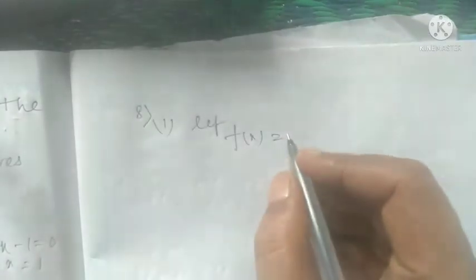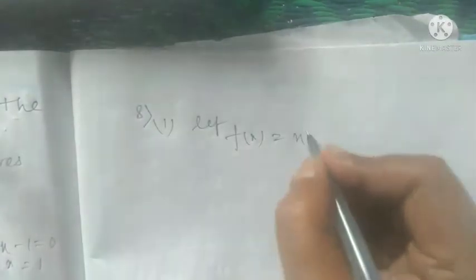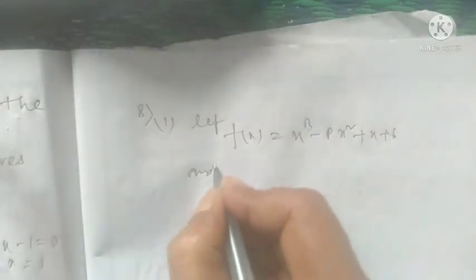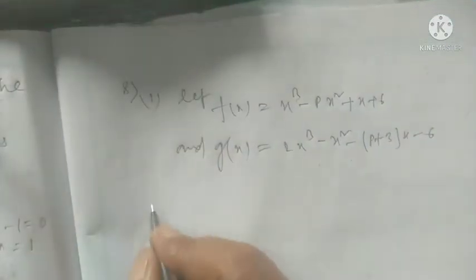One, you can take f of x, that means f of x is equal to x cube minus px square plus x plus 6. And g of x is equal to 2x cube minus x square minus (p plus 3) x minus 6. After that you have to find the remainder.